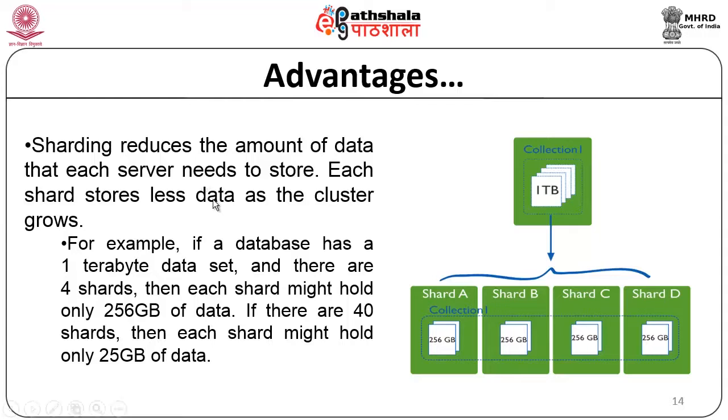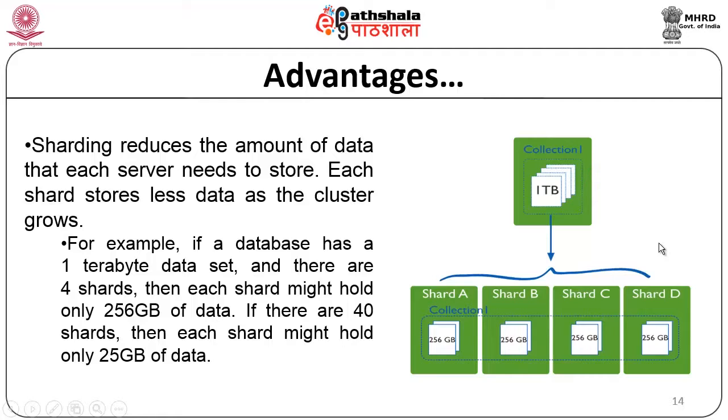For example, if a database contains 1 terabyte of data, and assume you have 4 shards, you can divide this 1 terabyte of data into 4 chunks of 256 GB each. These 256 GB chunks can be stored in the respective shards A, B, C and D, as shown in this diagram.